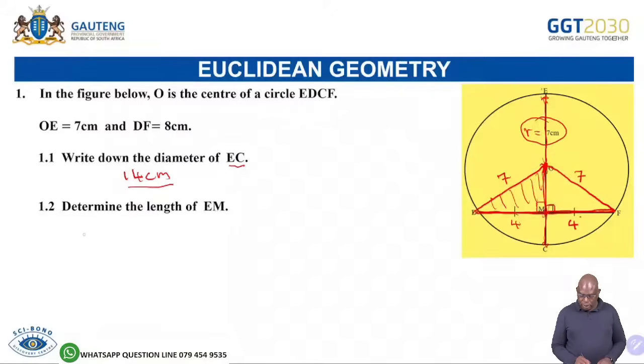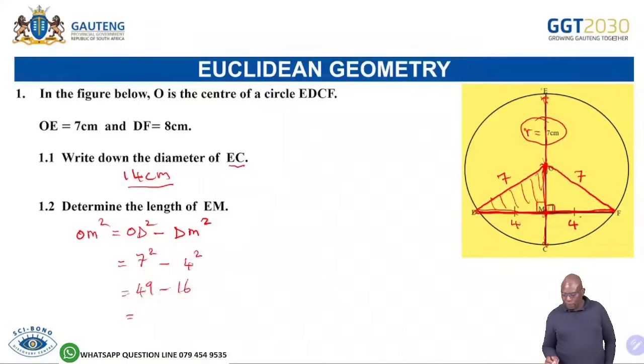So I can then say OM squared equals OD squared minus DM squared. So what is my OD squared? It's 7. DM squared is 4. So I'll have 49 minus 16.